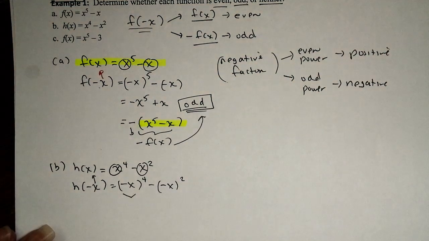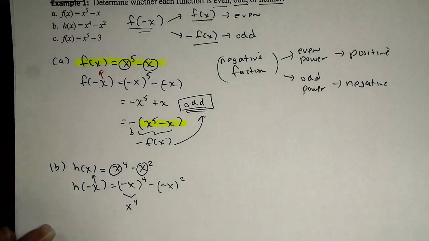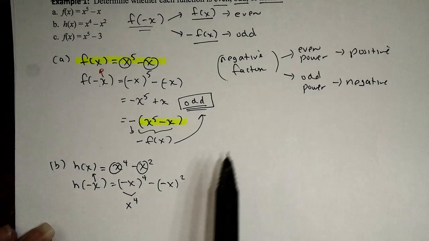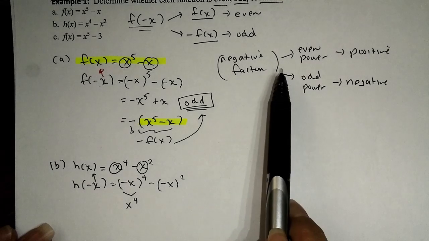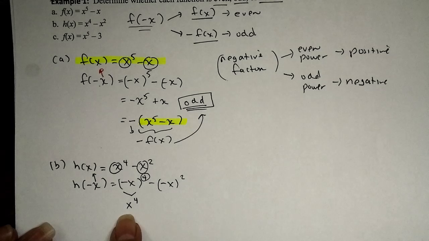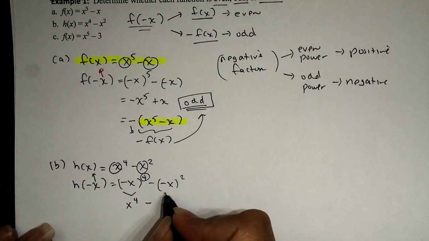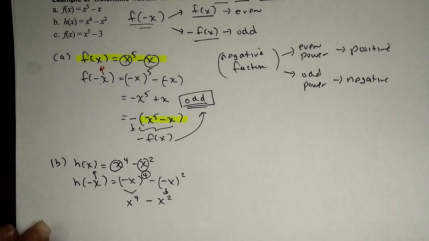So that will give us some form of x to the 4th. What I'm questioning is, is it going to be positive or negative? So flashback: if we have a negative factor and raise it to an even power, the result will be positive. Even power, so the result is positive. Minus the square of negative x gives us x squared, for the same speech that we just said before.